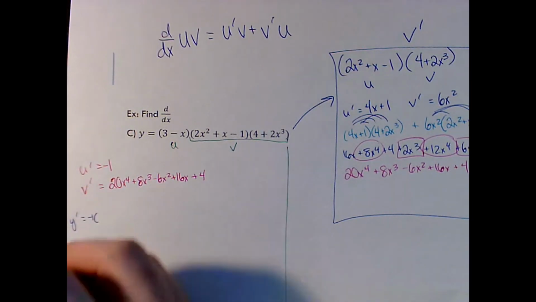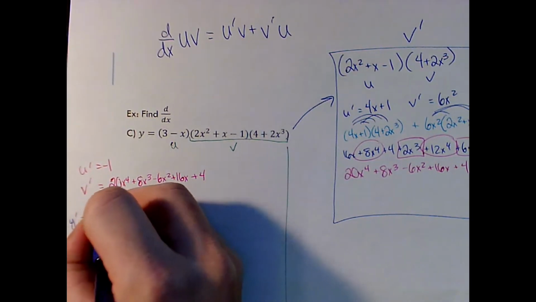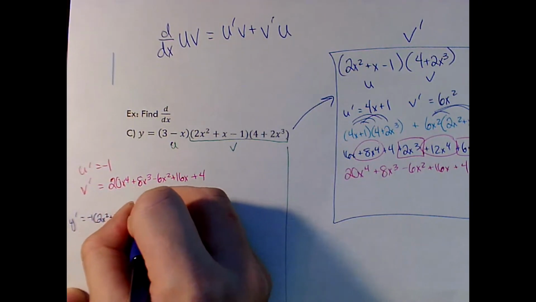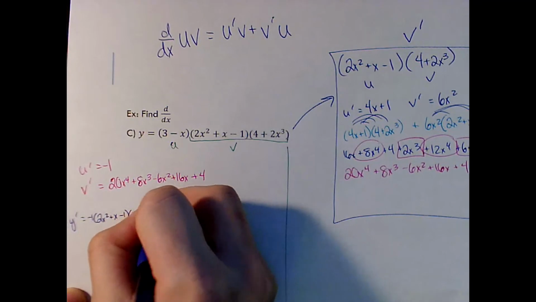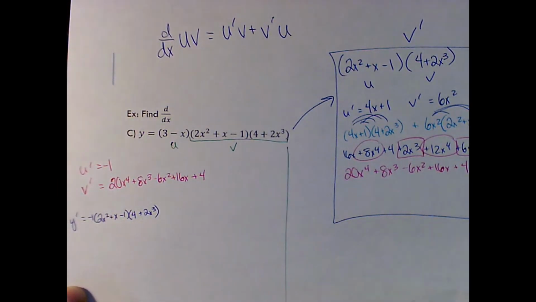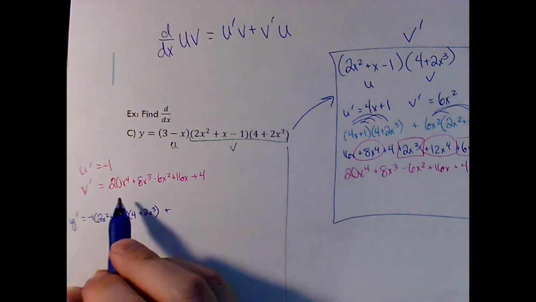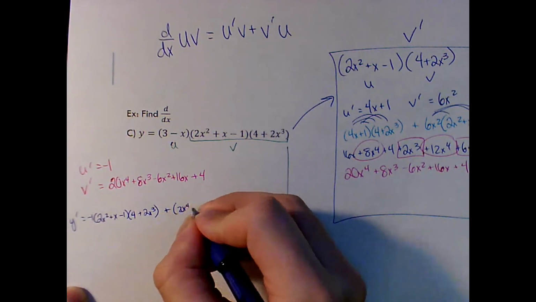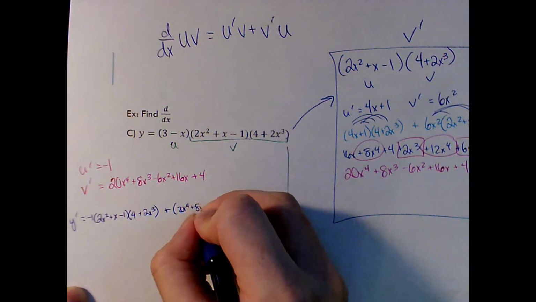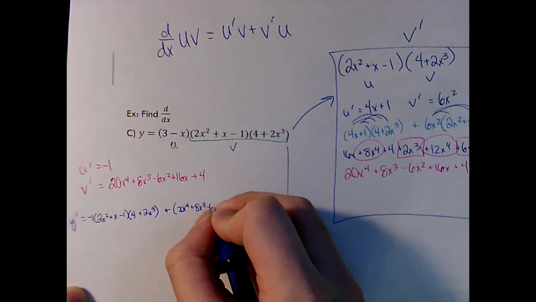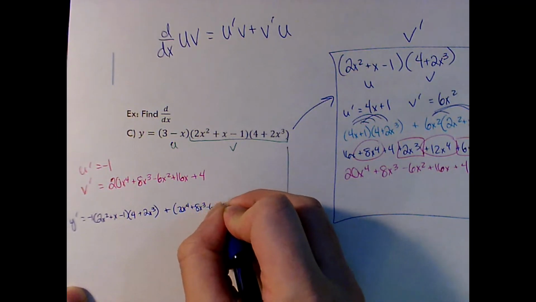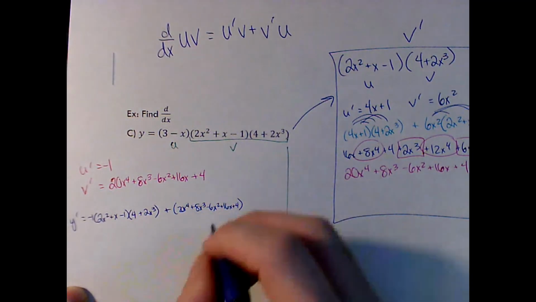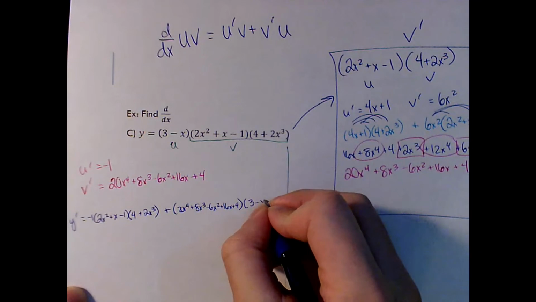V was 2x squared plus x minus 1, 4 plus 2x cubed, plus v prime, 20x to the 4th plus 8x cubed minus 6x squared plus 16x plus 4, times u, 3 minus x.